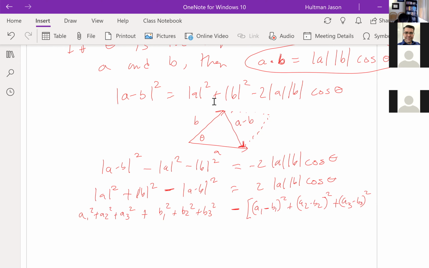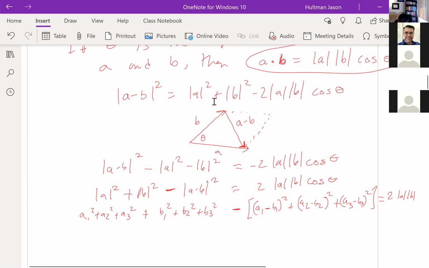Interesting. This is equal to 2 times the magnitude of A, magnitude of B, cosine theta.